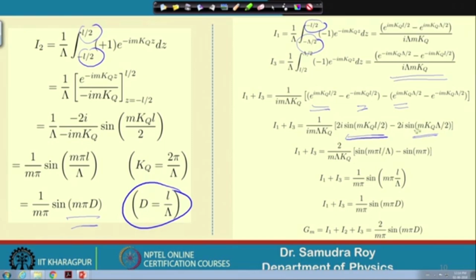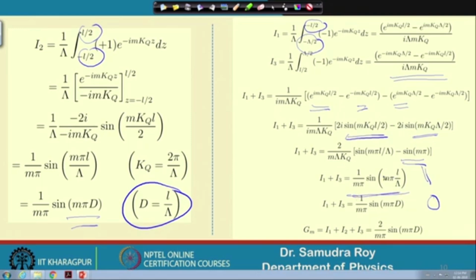When we add these two, k_q lambda by 2 basically gives me sine of m pi, which is 0, because we know that sine of m pi, where m is an integer, is 0. So, eventually I1 plus I2 is 1 by m pi sine of m pi L by lambda.